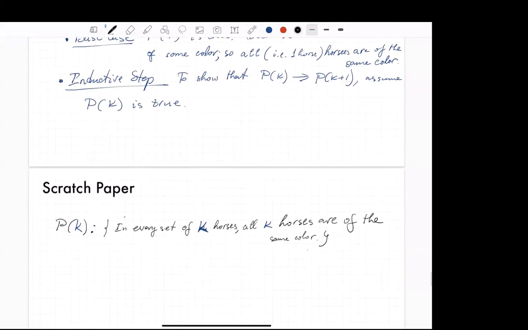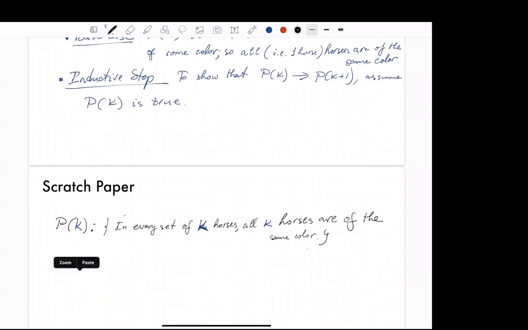But from this, I want to show that P of K plus 1 is true.